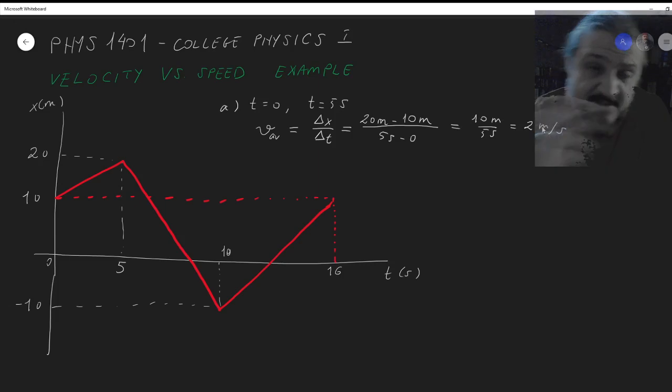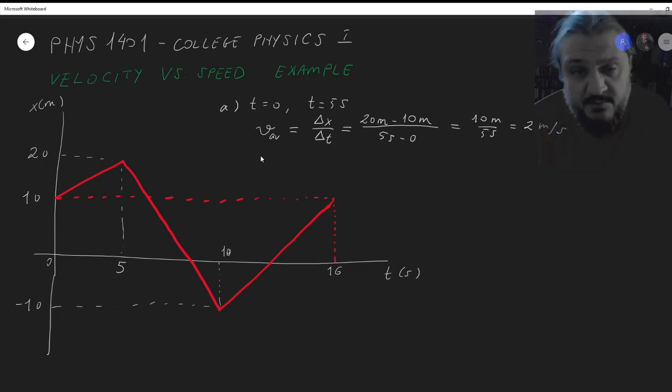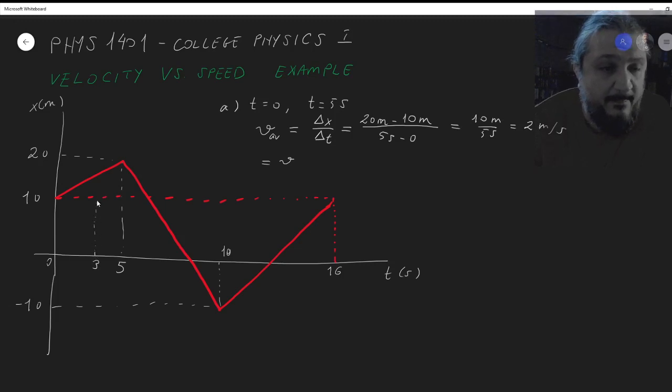And for this segment only, it is also equal to instantaneous velocity. Instantaneous velocity, say at 3 seconds, or 2, or 1. I could say including 0, but not at 5, because we have a sharp corner at 5.